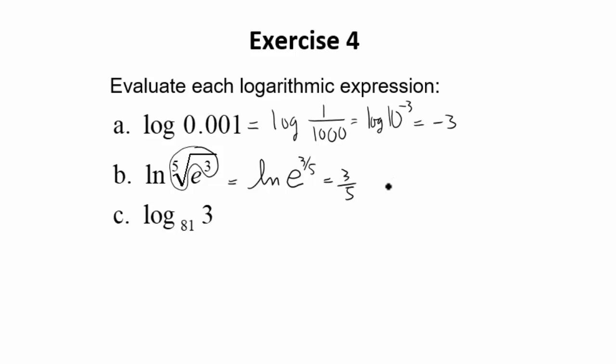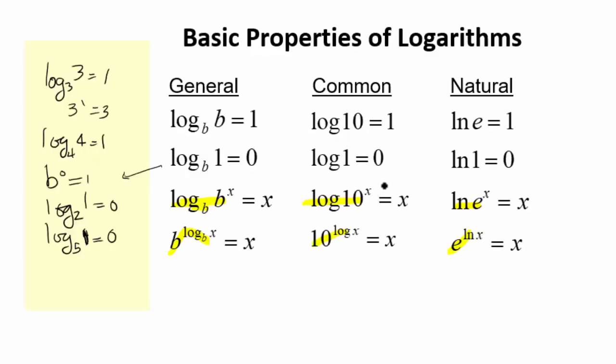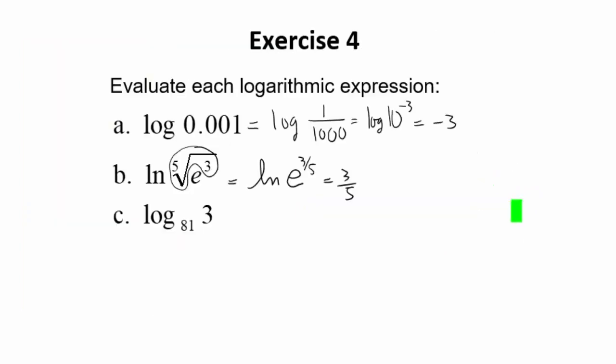Go back to the previous slide: the natural log of e to the x is equal to x. So here, the natural log of e to the 3/5 is 3/5. You're dropping this because you're performing inverse operations with the natural log and the natural e.